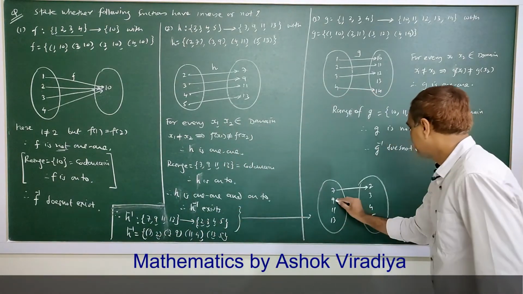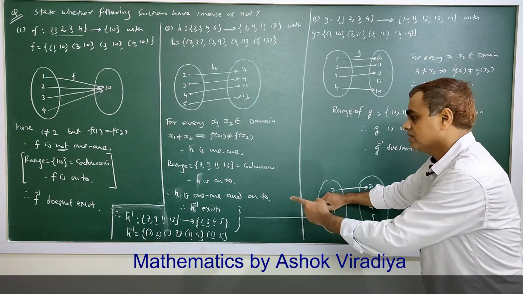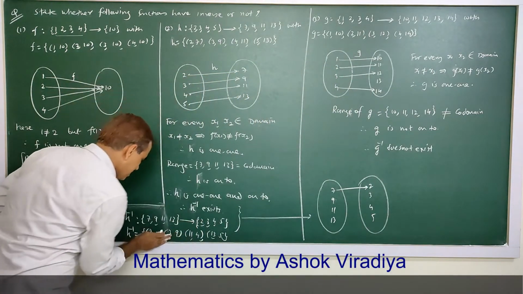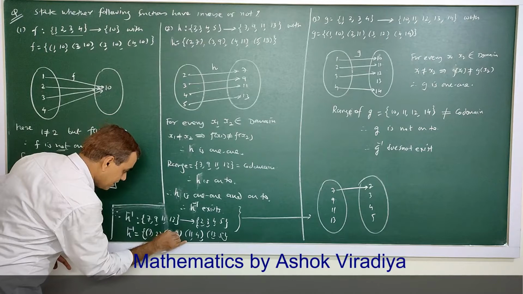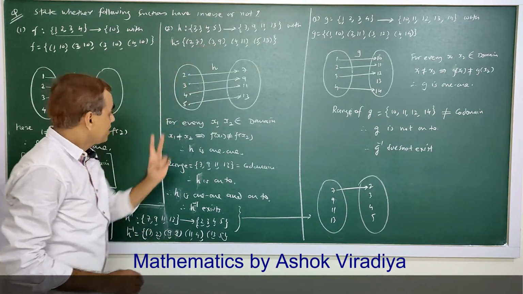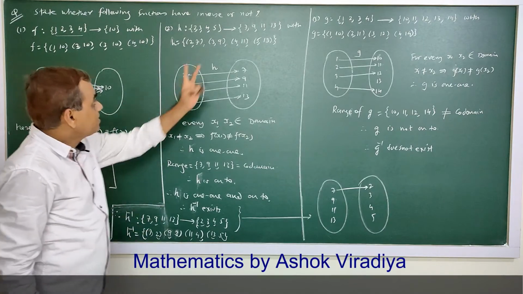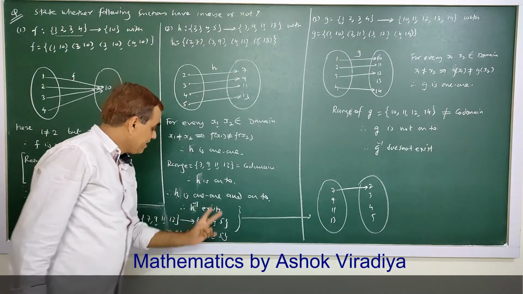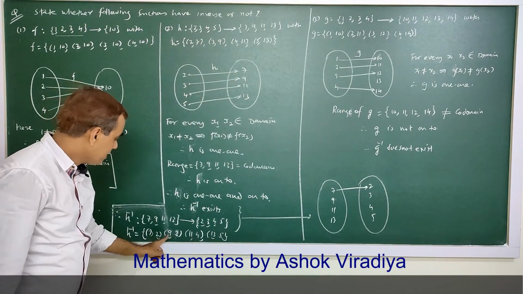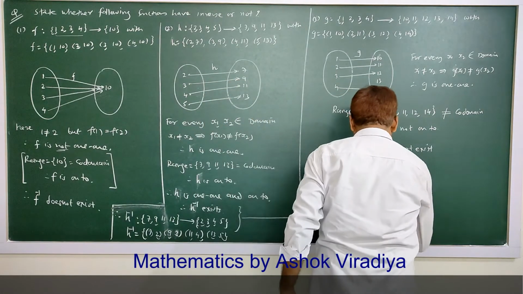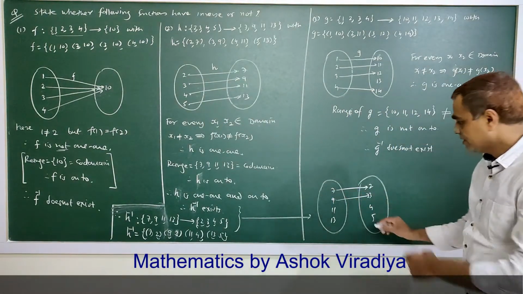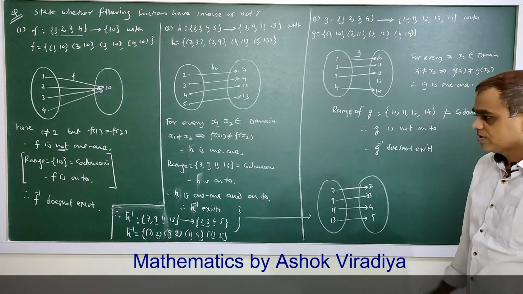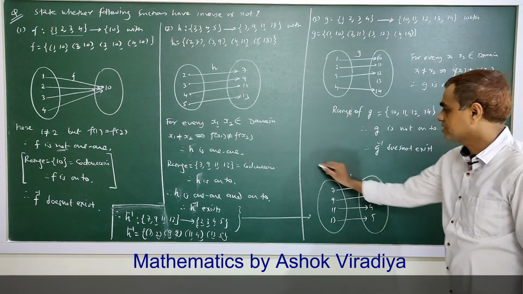Sorry, I made a mistake here. This was 3, 9, so this should be 9, 3. This is 4, 11, this should be 11, 4. 5, 13, this should be 13, 5. So image of 9 is 3. Image of 11 is 4. Image of 13 is 5. So this is h inverse.